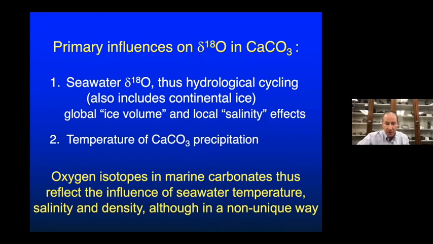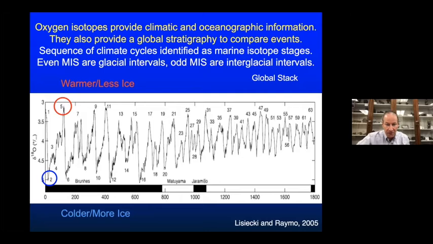Okay, then I come back to this, and I think that ends my tangent. But now we return to this idea that you can look at the variations of delta O18 through time. At the beginning of the talk, I was showing you that over tens of millions of years, we think the delta O18 in bottom-dwelling benthic organisms has changed.